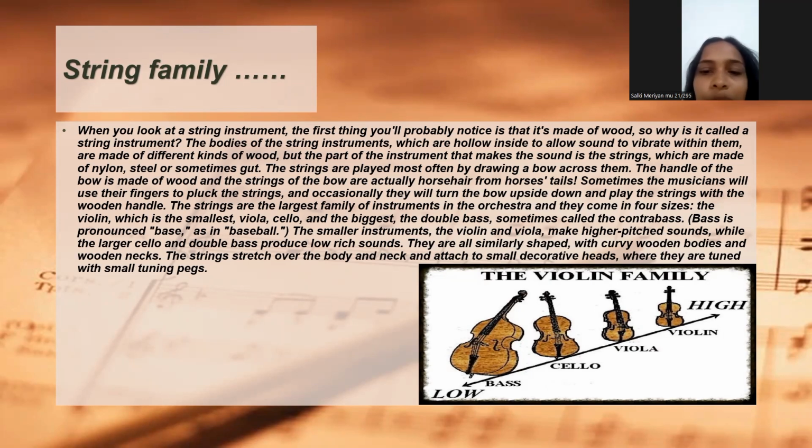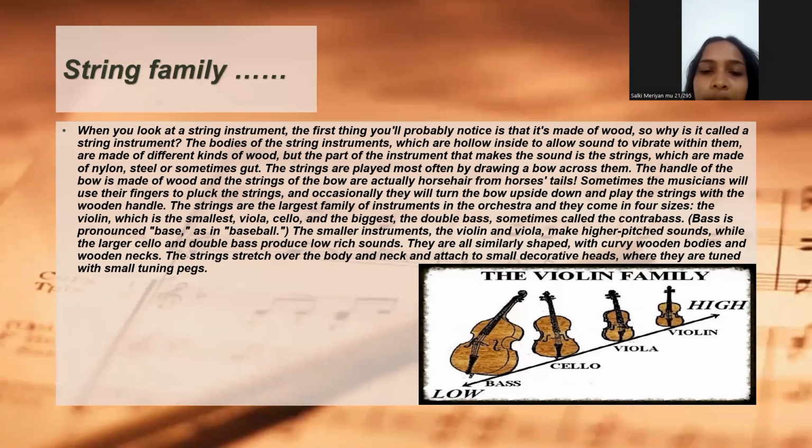Sometimes the musicians will use their fingers to pluck the strings, and occasionally they will turn the bow upside down and play the strings with the wooden handle. The strings are the largest family of instruments in the orchestra and they come in four sizes: the violin, which is the smallest, viola, cello, and the biggest, the double bass, sometimes called the contrabass.